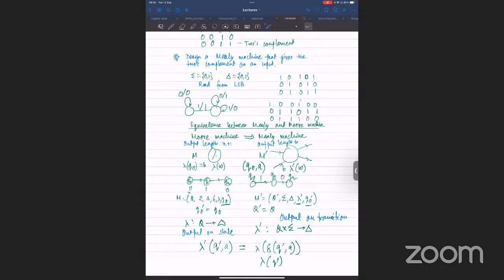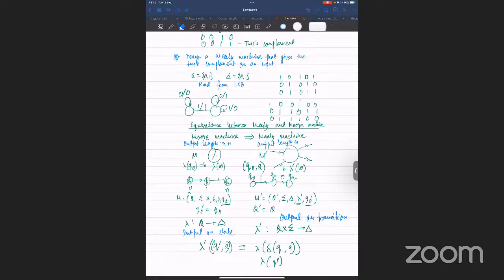For the Mealy machine, it's a function from the transition to the output, right? And what is lambda prime? Lambda prime of q, a, which is the edge, the transition.